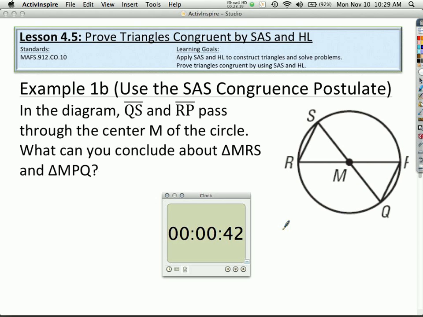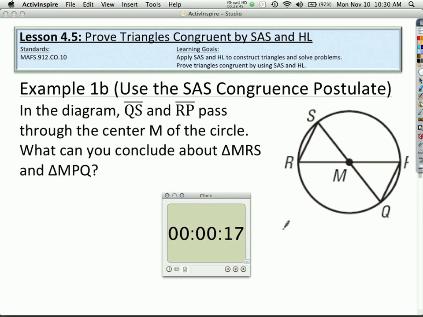SM is congruent to MQ and RM is congruent to MP, and the angles, so side angle side congruency. Yeah, okay, good. Because M is the midpoint of everything.